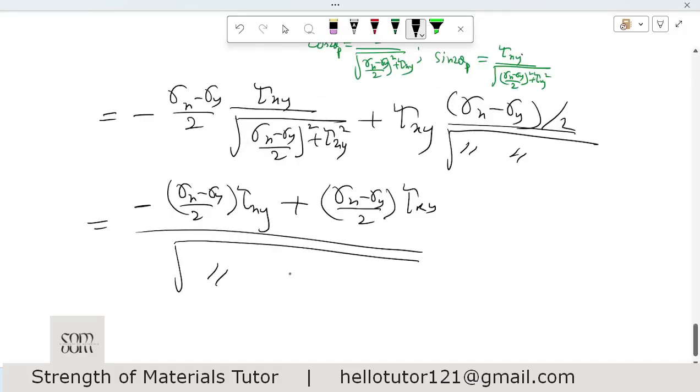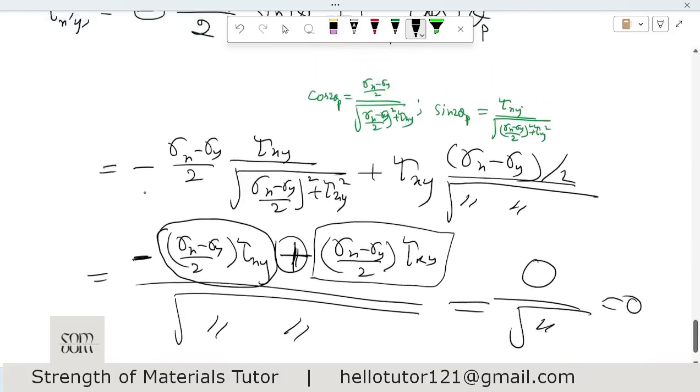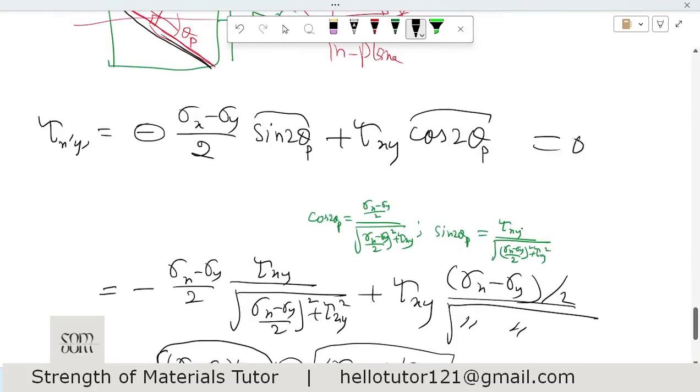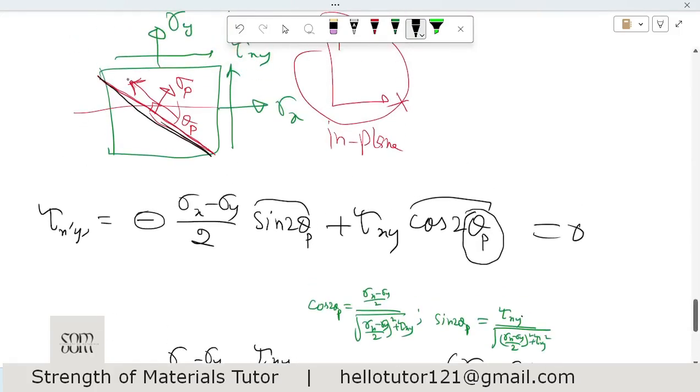Now this is negative, (sigma x minus sigma y) by 2 tau xy, and the other is the same product. It is plus, so minus and plus will be 0. So 0 divided by something is 0. What does it mean? The shear stress is 0. So shear stress on a principal plane is 0.